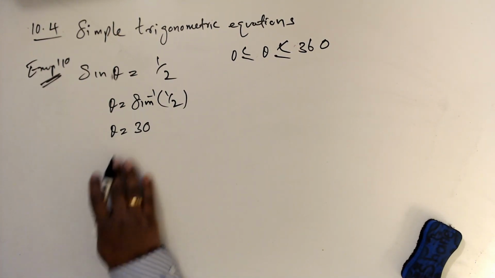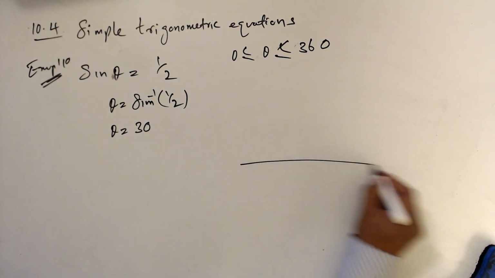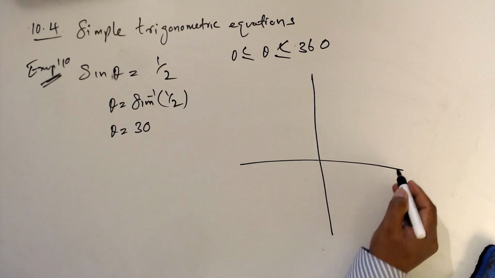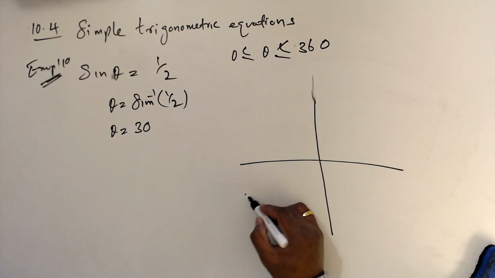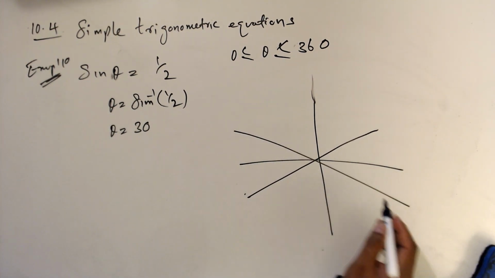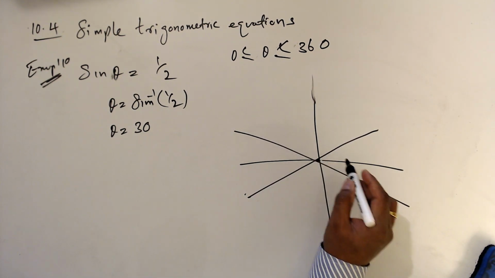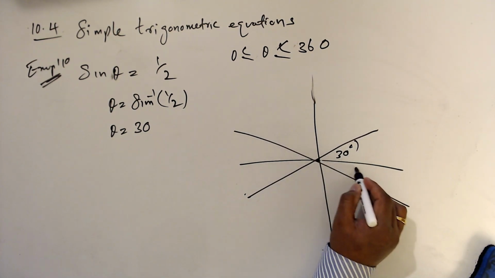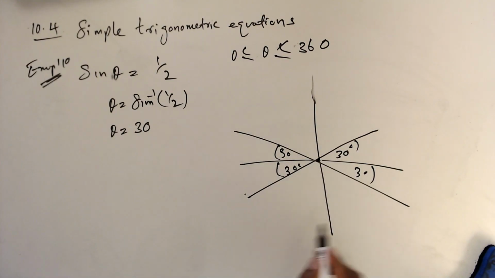Then when you have this angle, what you need to do: this is 30, this is also 30, this is also 30, this is also 30.